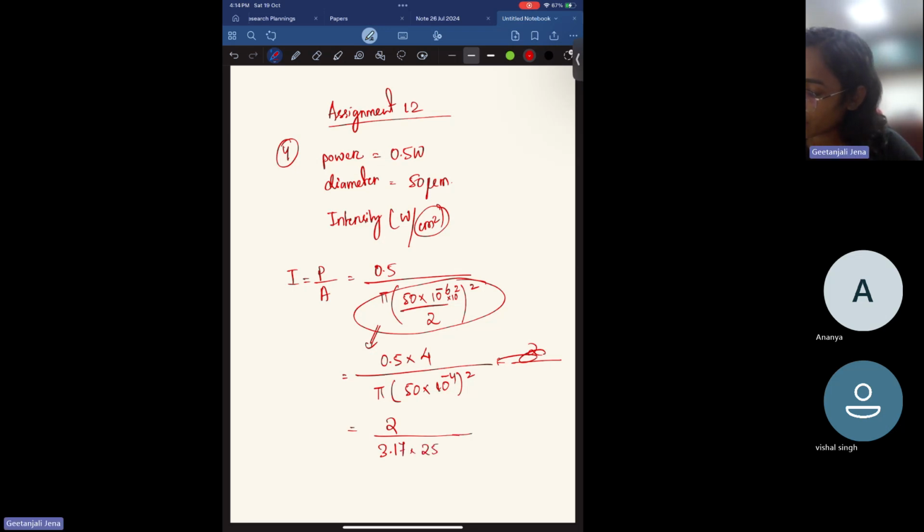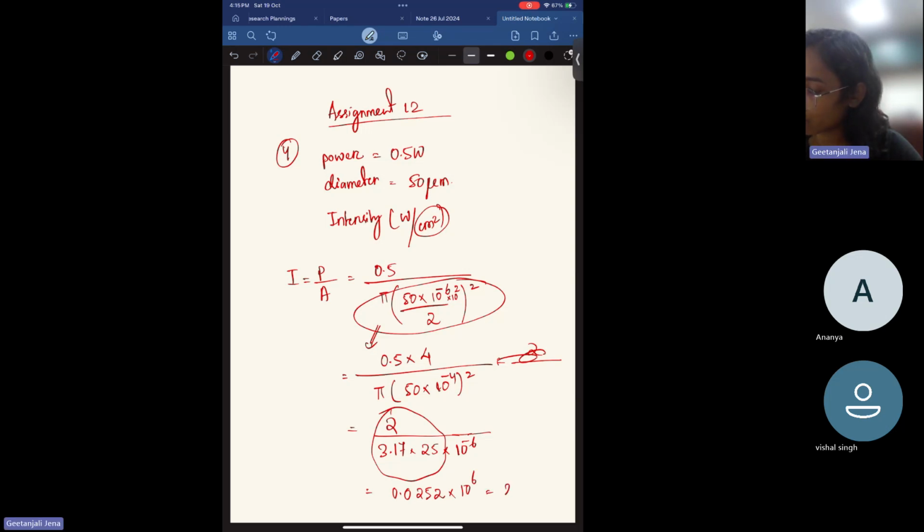It will be 25 into 10 to the minus 3 squared, 10 to the minus 6. So this whole term will come around 0.0252 into 10 to the power 6.